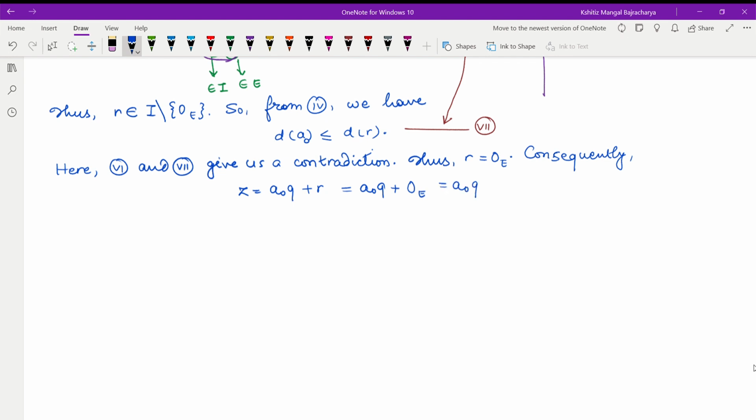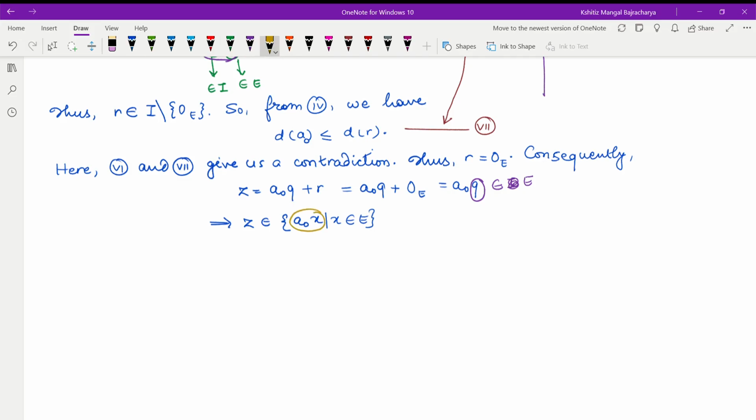Now, since q is an element of E, z is in the form of a0 times an element of E. So z is in the set of a0 x such that x belongs to E, because z is in this form.